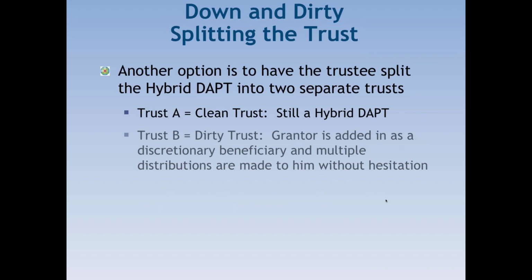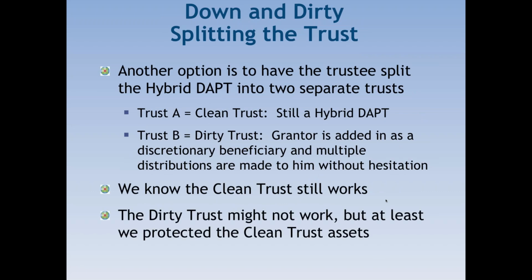So another option is to have the trust split into a couple of different trusts. We won't really get into the details of this right now either, but basically you do two different trusts where you separate your assets so that you're taking assets from one trust as a beneficiary, but if you got sued, you have another trust that is even more protected.